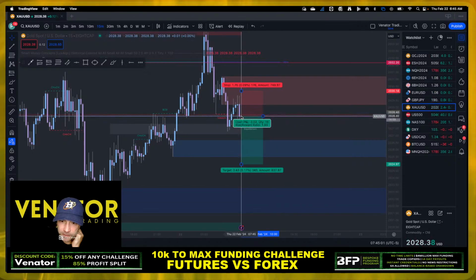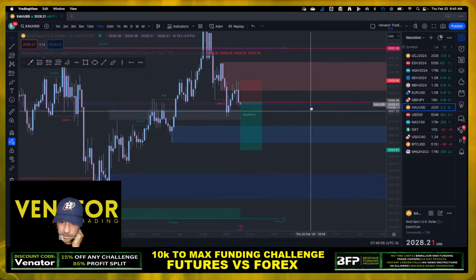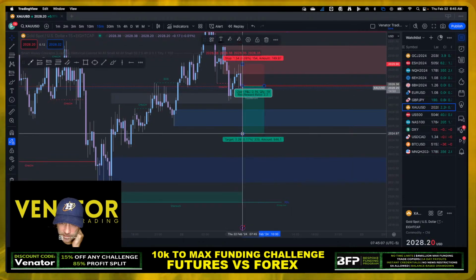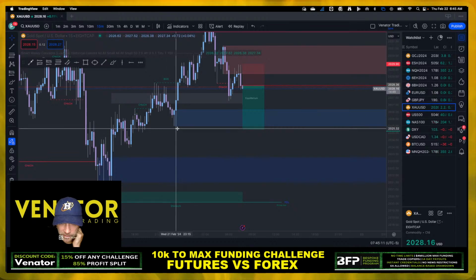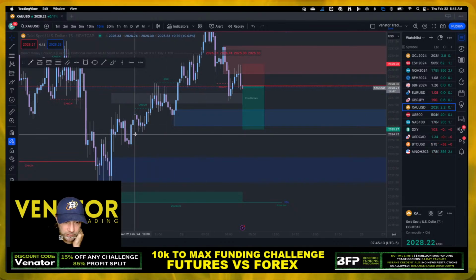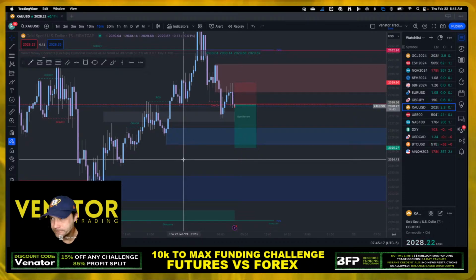Just get in right there, put a stop above. You could just do the swing and target 1 to 2. It should be below this old swing low here. Relative equal lows here.